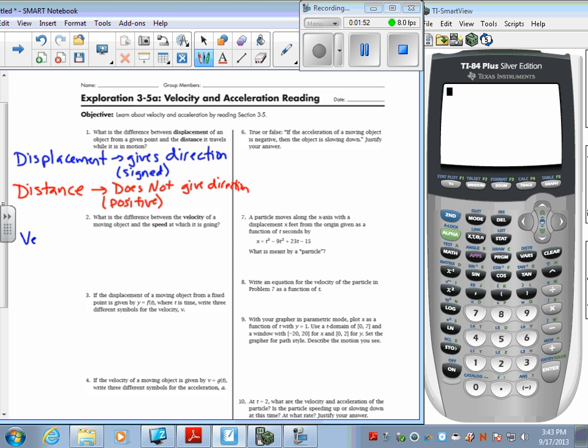So for velocity, it is signed and it gives a direction. Now, a velocity and a speed are also telling us how fast something is going. And our speed does not give direction, and it's always positive.